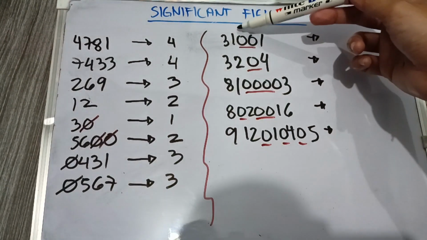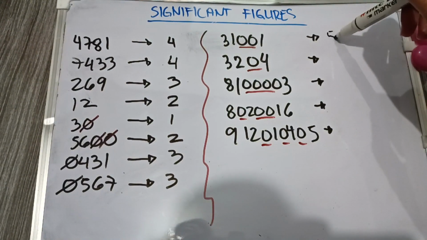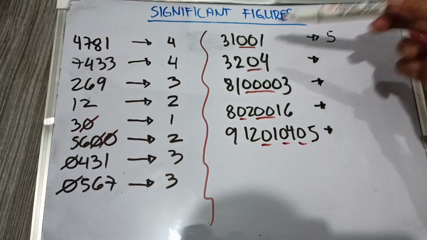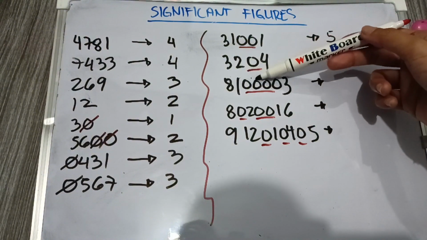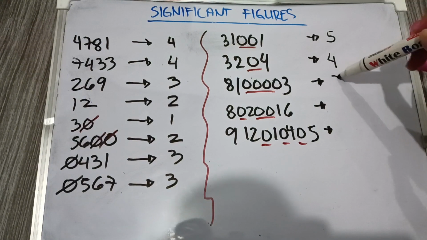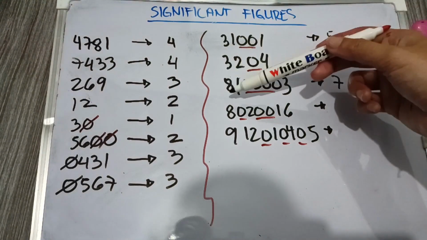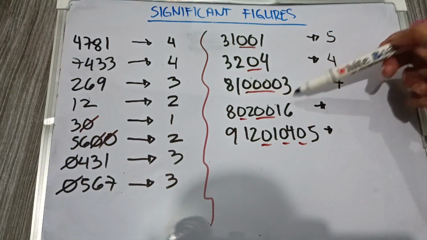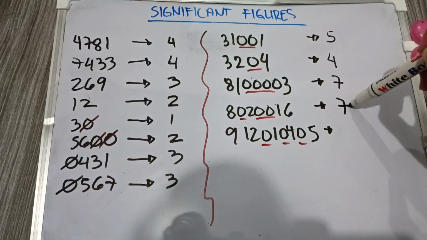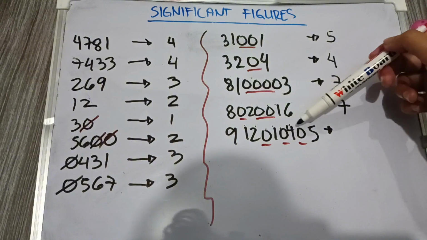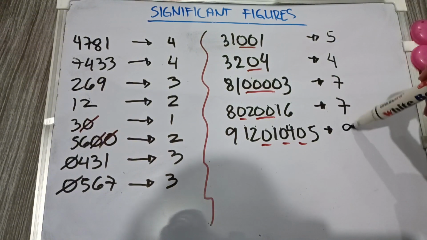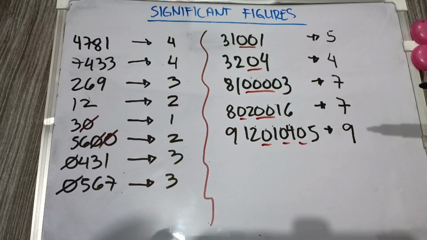So in here, 1, 2, 3, 4, 5, we have 5. 1, 2, 3, 4, we have 4 sig figs. 1, 2, 3, 4, 5, 6, 7, we have 7 sig figs. 1, 2, 3, 4, 5, 6, 7, we have another 7 sig figs. And 1, 2, 3, 4, 5, 6, 7, 8, 9, we have 9 significant figures.